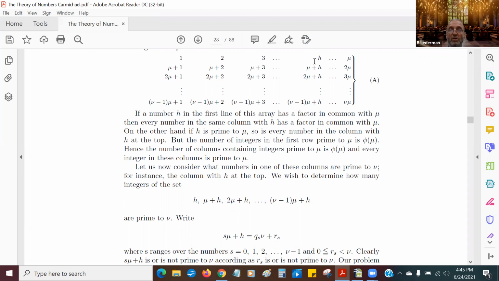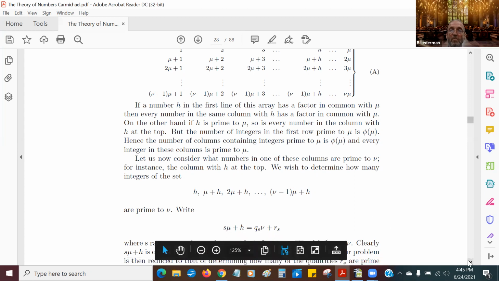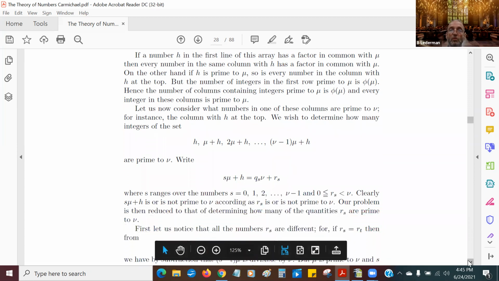So we have mu plus h, 2 mu plus h, dot, dot, dot, all here. I got that list from this column. How many of these numbers are relatively prime to v? So we want to write s mu plus h.